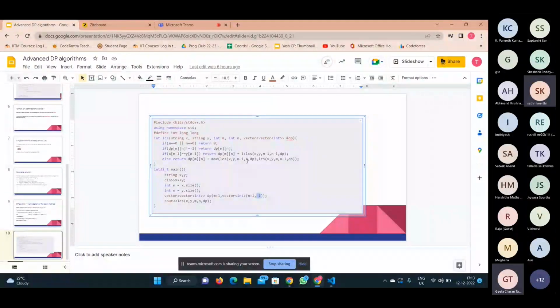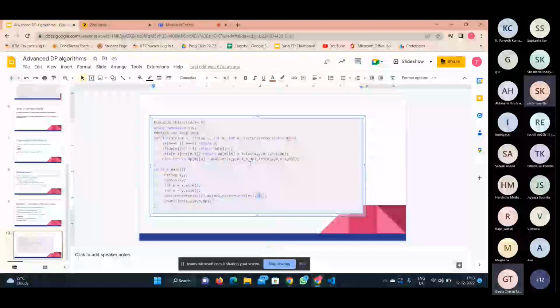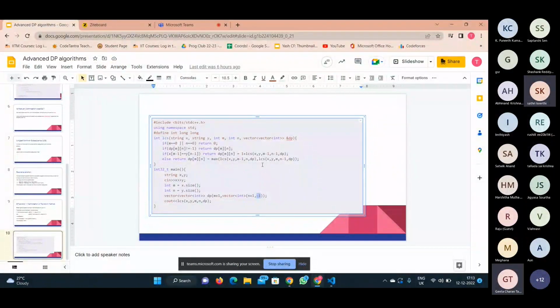We remove the last element in the first string, and the second string stays the same, and vice versa. We need to find the maximum of these two, and this will be the value of dp of m, n. And the time complexity of this is O of m n, worst case being no common subsequence between these two strings.